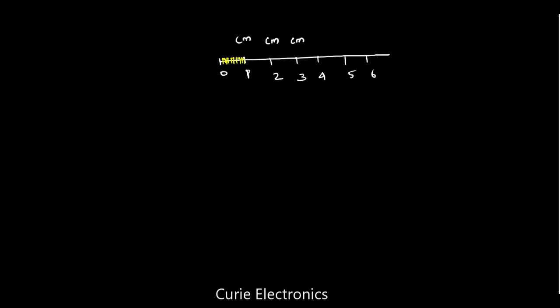Each division is 1 mm. These small divisions are mm. So 10 divisions make 1 centimeter.